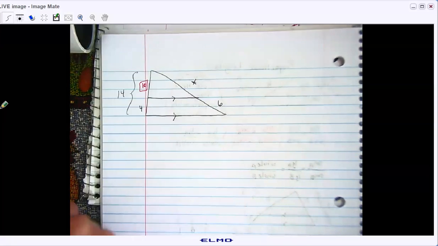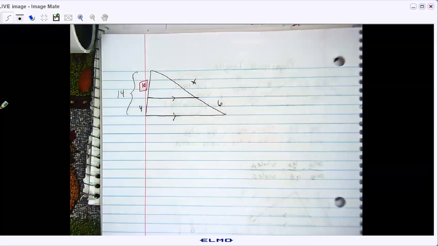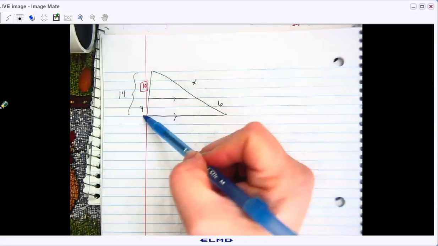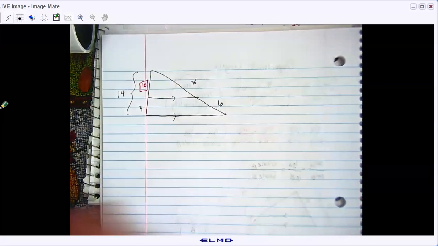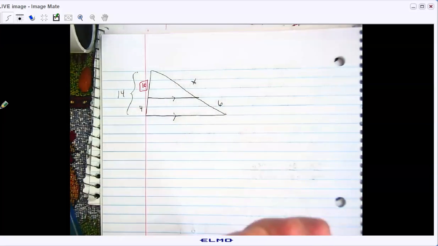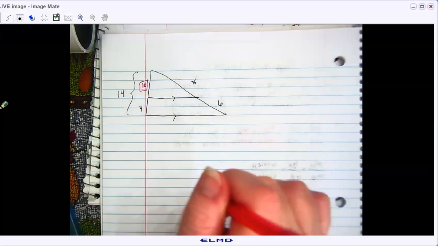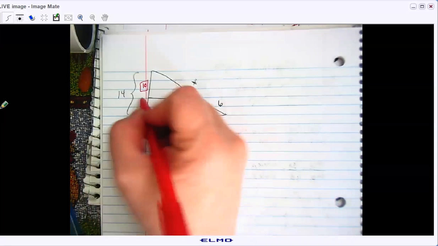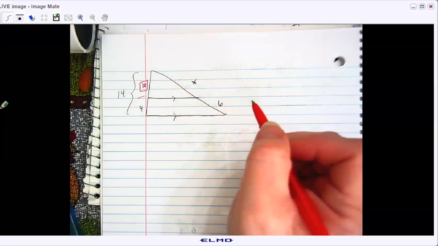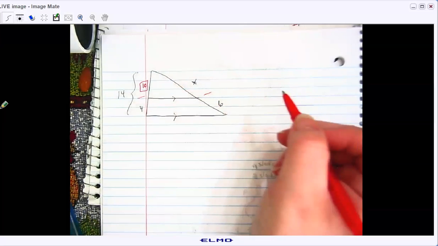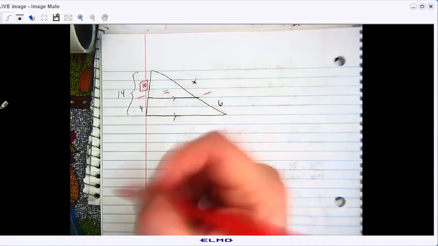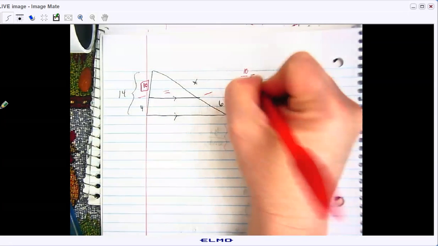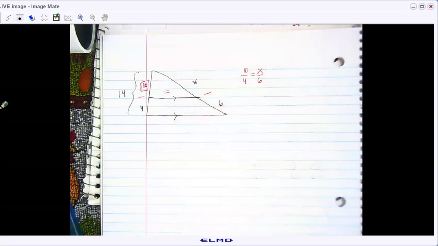So now it might make a little bit more sense, and that we can go top over bottom equals top over bottom. So all we're going to do is make it look like a fraction, and we're going to set them equal to each other. So I'm going to say 10 over 4 and x over 6, and I'm going to say equals. So 10 over 4 is equal to x over 6.